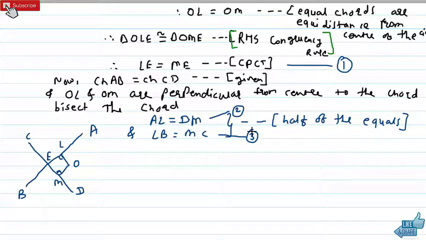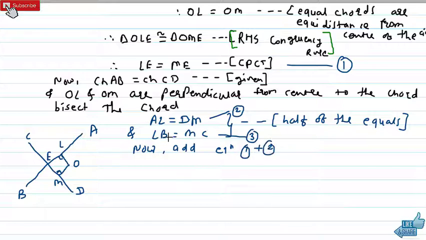Now what we are going to do: add equations 1 and 2, so you will get AE, and subtract equation 1 from 3. So I just write here, now add equation 1 plus 2.